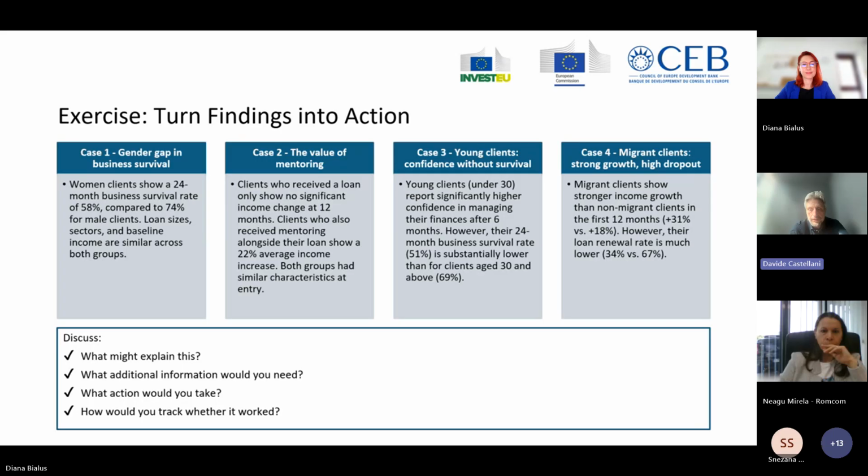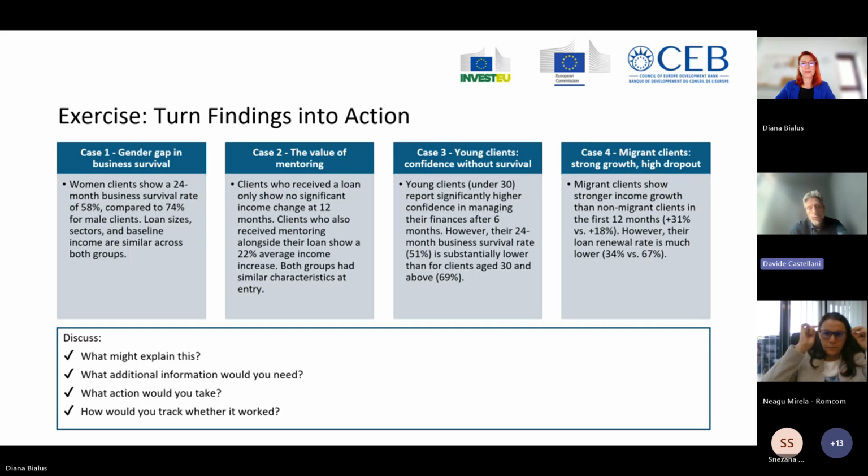So migrant clients show stronger income growth, but they renew loans less than other clients. The interpretation can differ from institution to institution, from person to person.